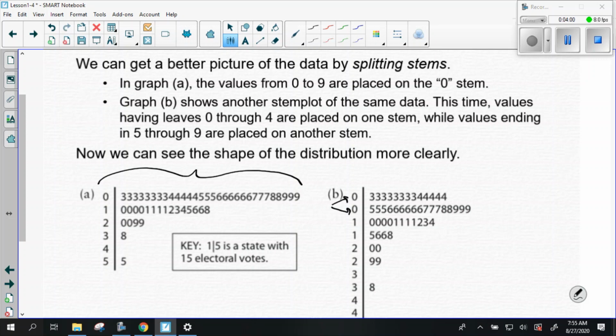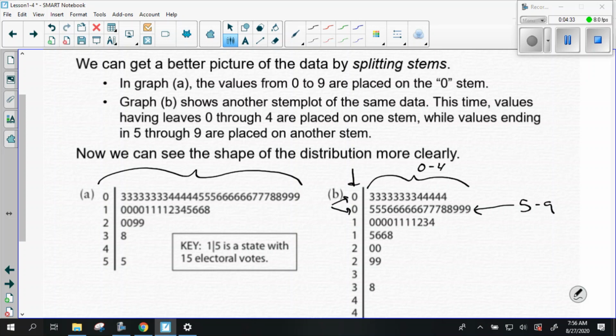So how do we split this thing into 2 zeros? Well, this new leaf is going to be for 0 through 4, and this new leaf that we split off is now 5 through 9. That's how we will split the stems. You'll see the same thing has happened with the 1.